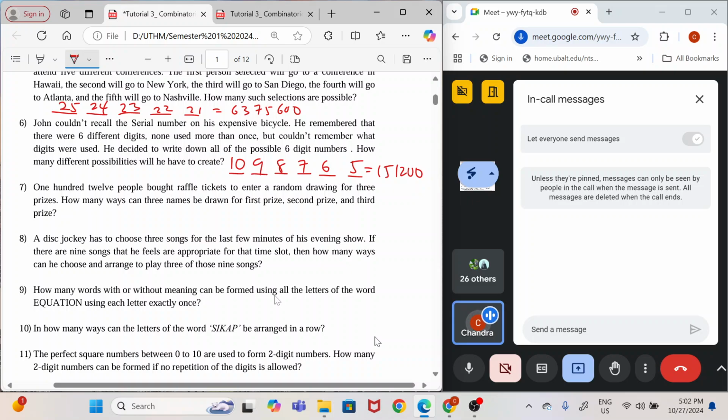You can try 7, 8, 9 and 10. Until 10 the questions are easy.